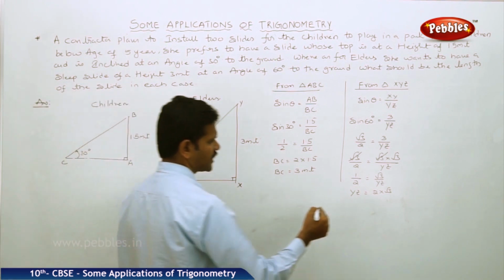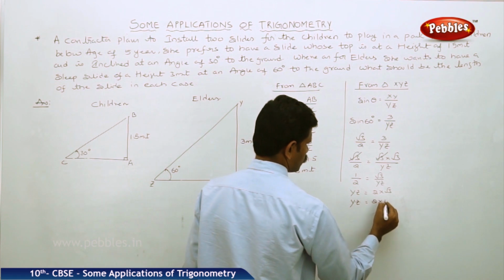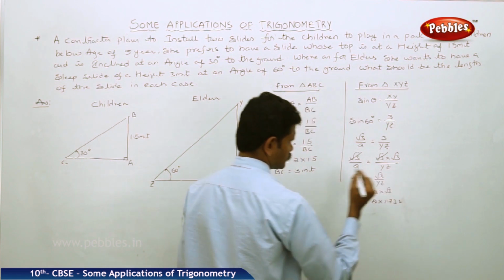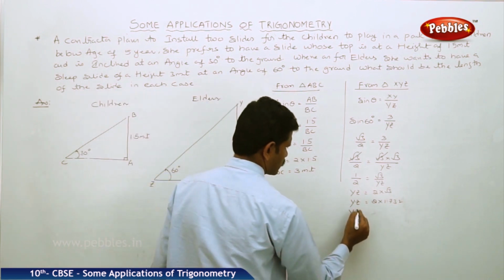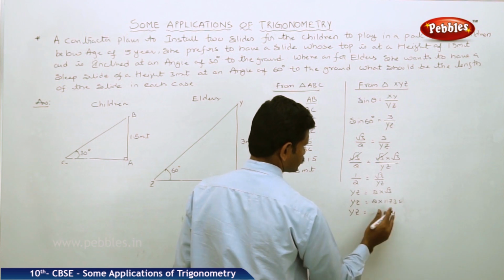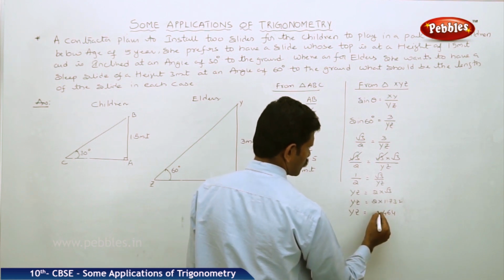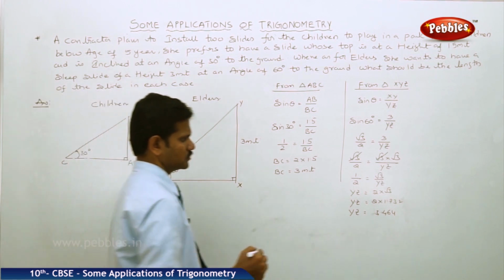That is, standard value of root 3, YZ is equal to 2 into 1.732. That is, YZ equals 3.464.